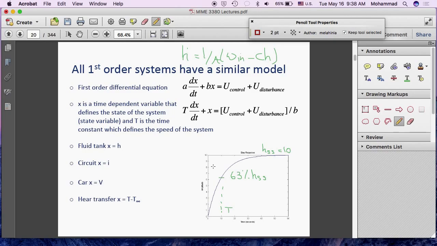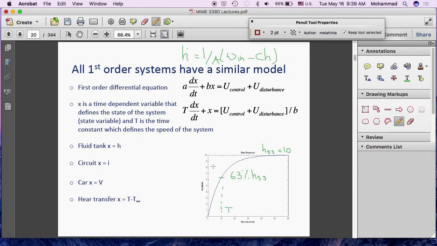But what we can't control is what? Rainfall. That's obvious, right? Rain falling into the reservoir, I can't calculate for it ahead of time, but it will affect the level of the reservoir, or evaporation for that matter. So these are other examples.